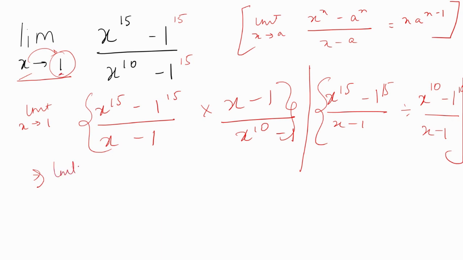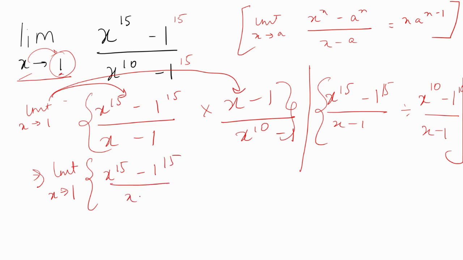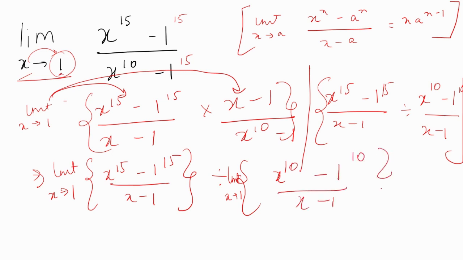Now this can be written individually as limit x approaches 1, x to the power 15 minus 1 to the power 15 by x minus 1, divided by limit x tends to 1, x to the power 10 minus 1 to the power 10 by x minus 1. See what will happen ultimately, x minus 1 will get cancelled, and I'm going to get this back. And I told you that we have to solve this.